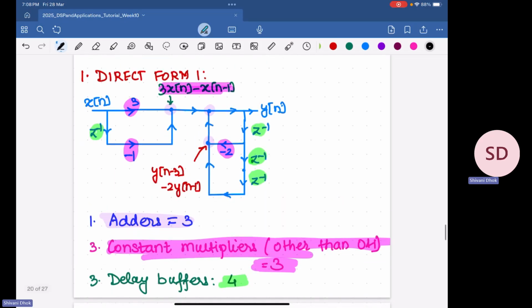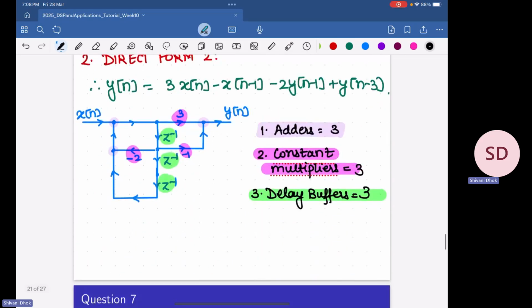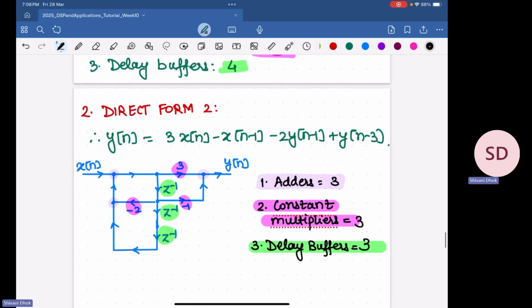For direct form 1, the number of delay buffers was 4, and for direct form 2, the number of delay buffers is 3. So in terms of resources, direct form 2 is using fewer resources compared to direct form 1. Is it clear? Any questions?